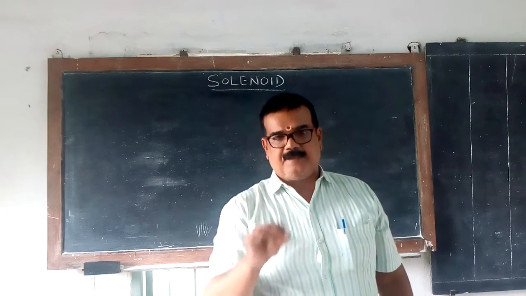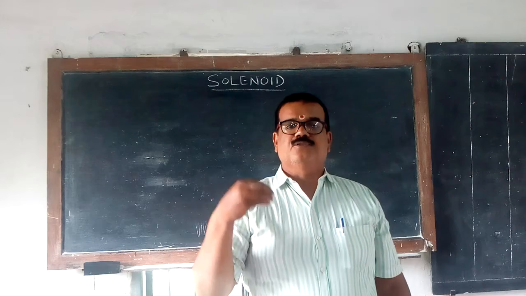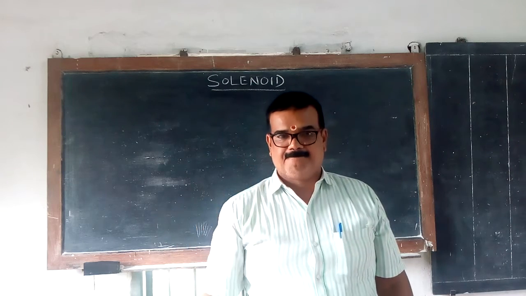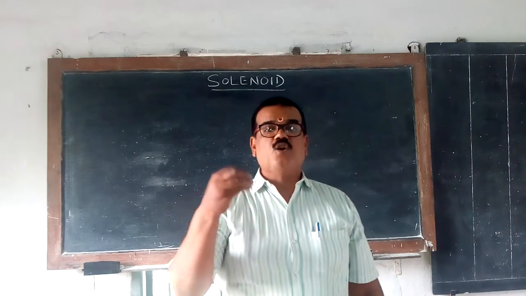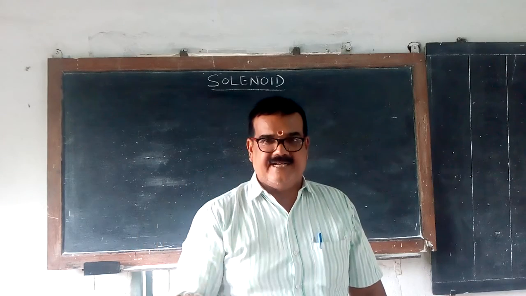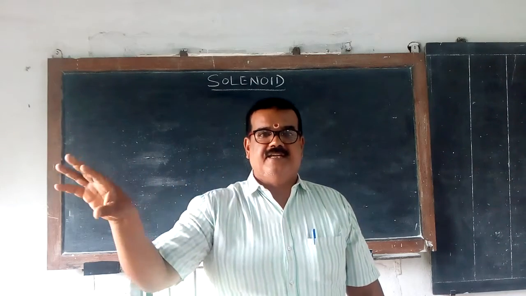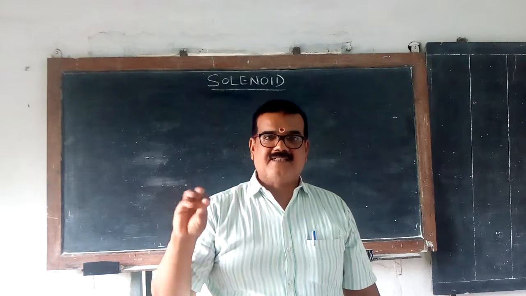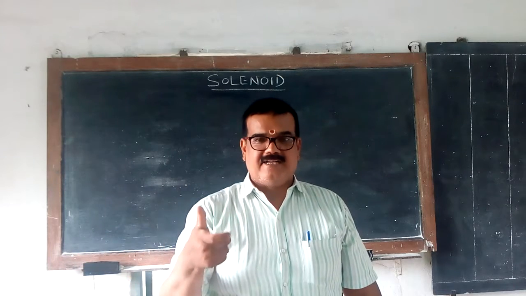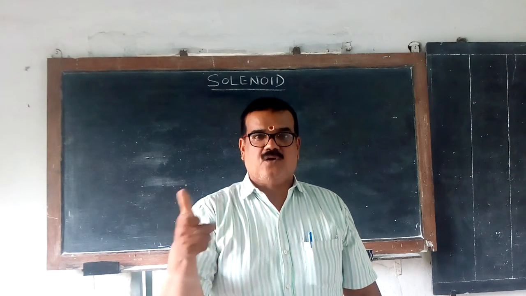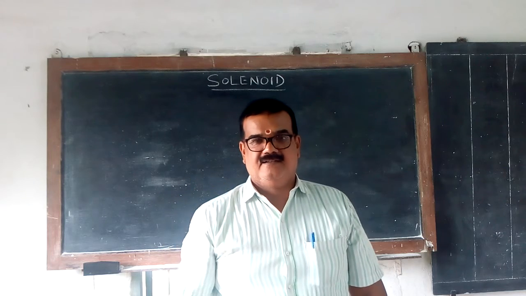When electric current passes through the coil, it produces an electromagnet. The electromagnet does the function that is needed in the machinery or the system. The electromagnet which is doing the work is called a solenoid.